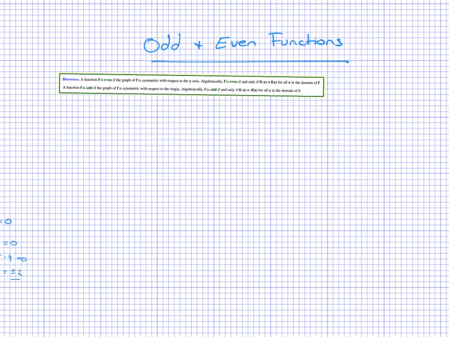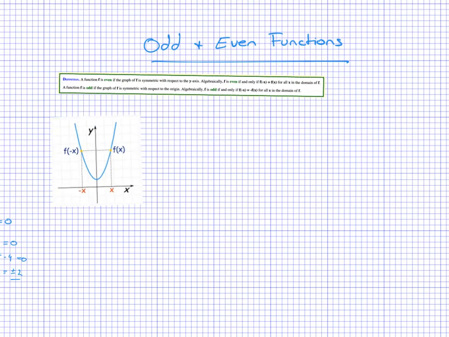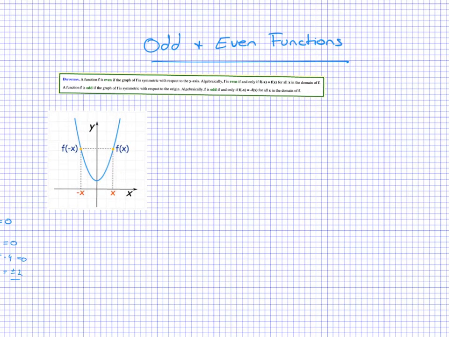All right, and I'll show you some pictures so that you can visualize what it means here. The first one, we've got even functions. This is an example of an even function. You will see here that this is even because it is symmetric about the y-axis. So this point here is the same as that point there.